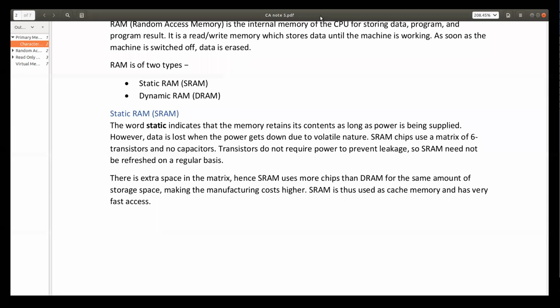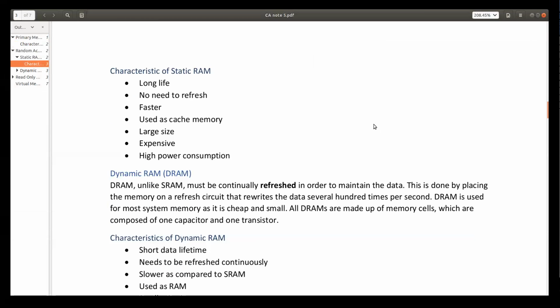Okay. Now, what is dynamic RAM? Dynamic RAM is a little different. But before going to the dynamic RAM, let us find out the basic characteristics of static RAM. The characteristics of static RAM is that it has a long life.